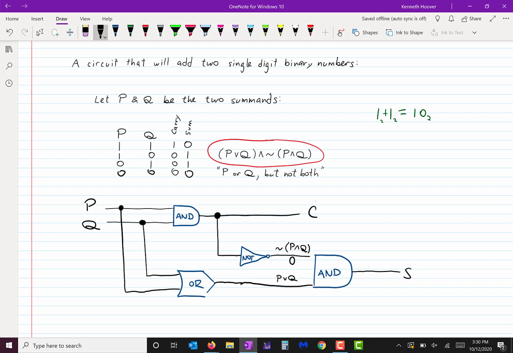Okay, we're going to call that whole thing a half adder circuit. Okay, and that is for adding two single-digit binary numbers.